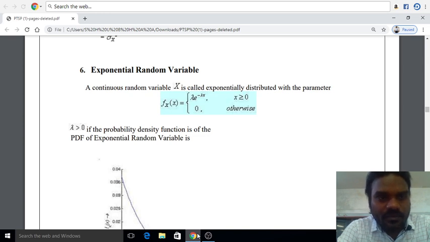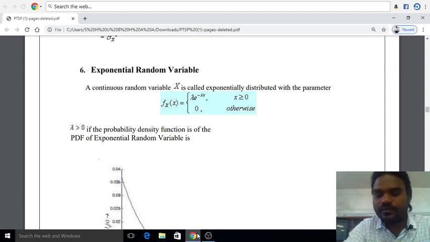As I told in the previous classes, the binomial and the Poisson distributions are for discrete random variables, whereas the normal or Gaussian distribution is for continuous random variables.